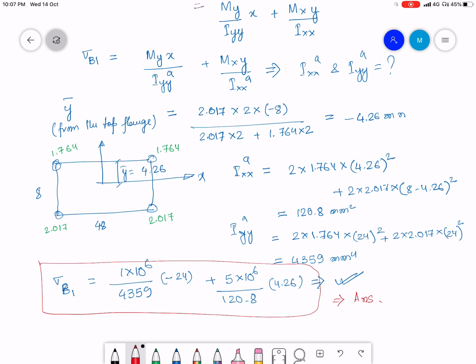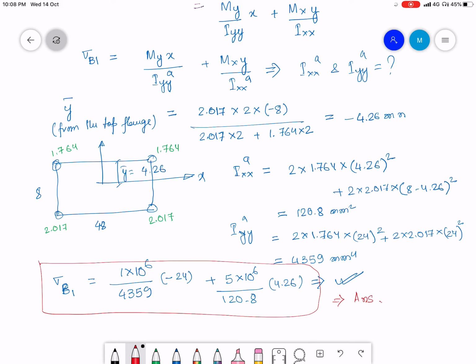Though this value of stress is not accurate, it gives a fair idea of what stress needs to be carried or withstood by stringer 1.